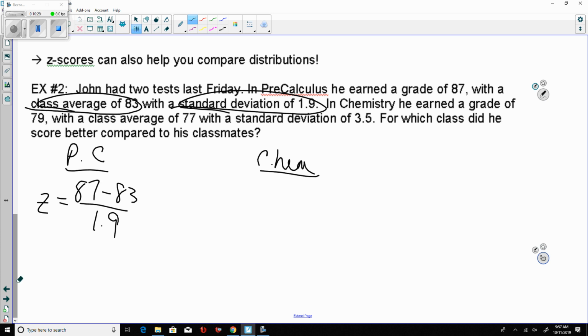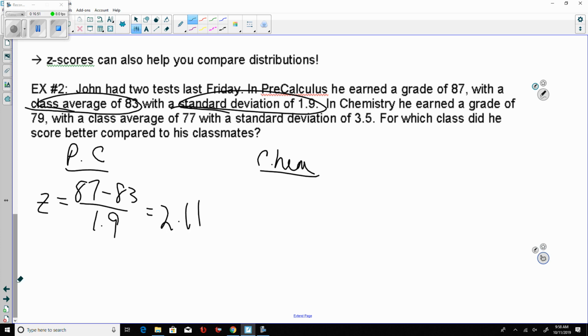Okay, so if you get confused as to which is the mean and which is the standard deviation, do a process of elimination. Mean is the average. Identify what they are. You're just finding a Z value. That line was just to show you what a Z value is doing. Yep, 2.11.